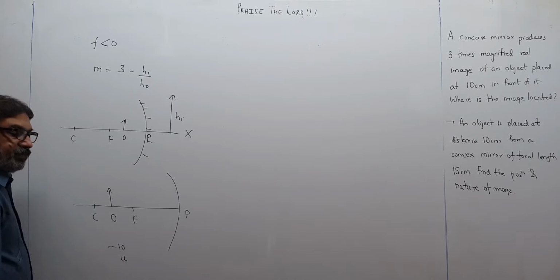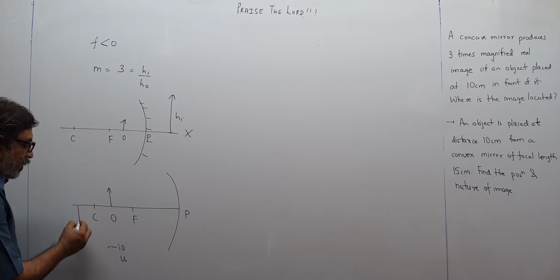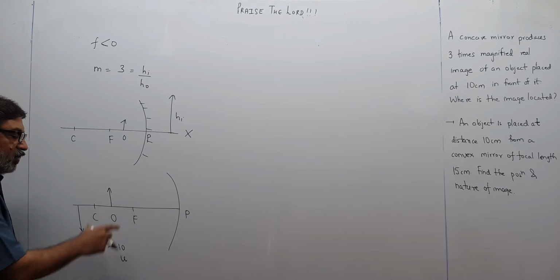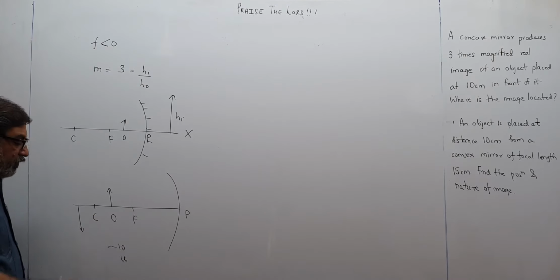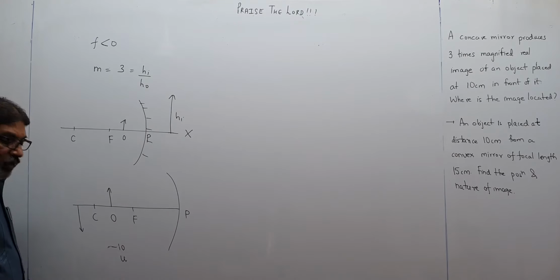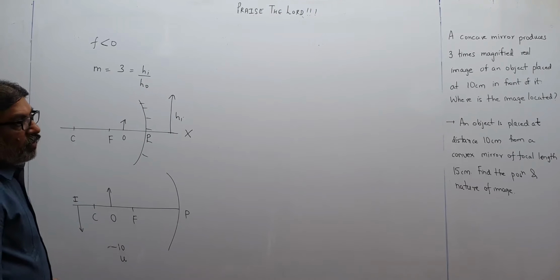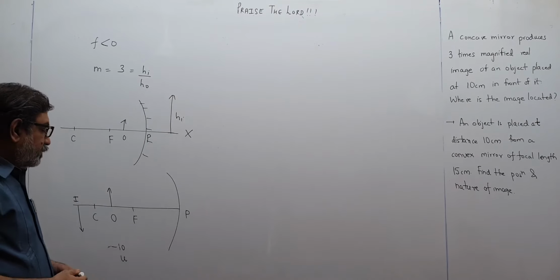This is U for me. So the image will be found beyond this. Now because I am taking the object over here, the image will be here. If you take the object over here, the image will be here, that you already know. So I just took one example, supposing the object is here. The image will be here, this is the I position. We want to find out where the image is located.